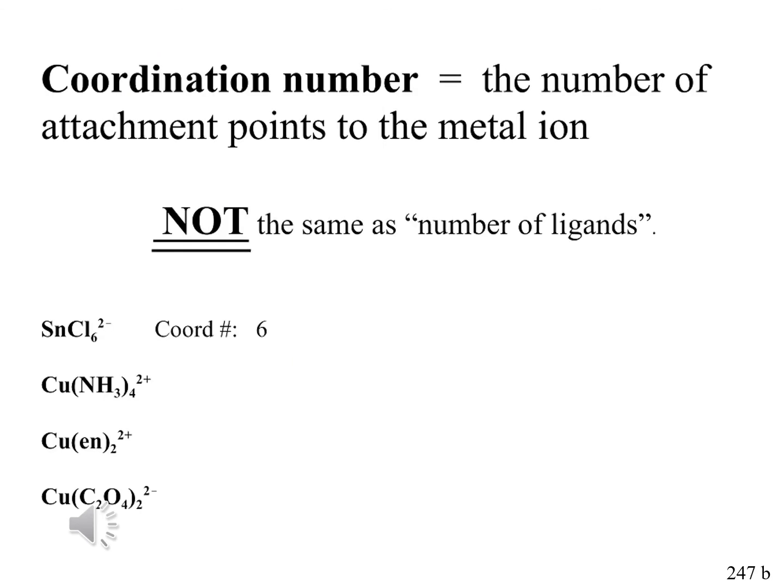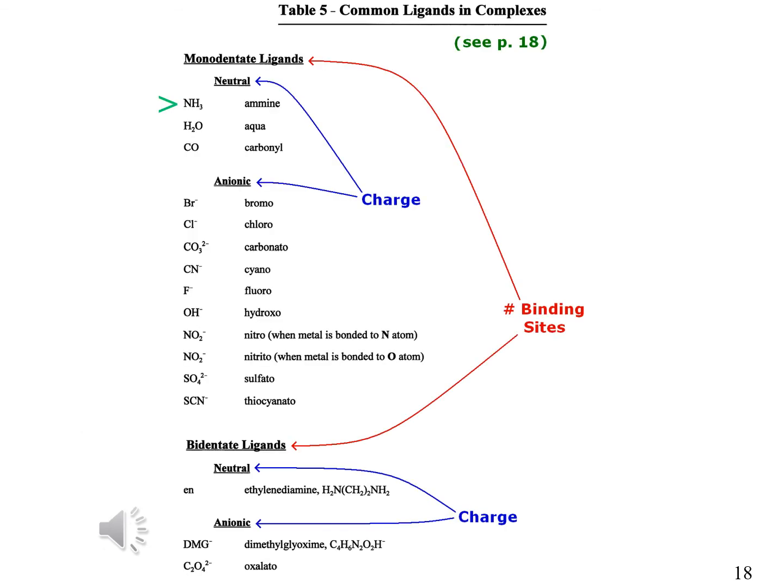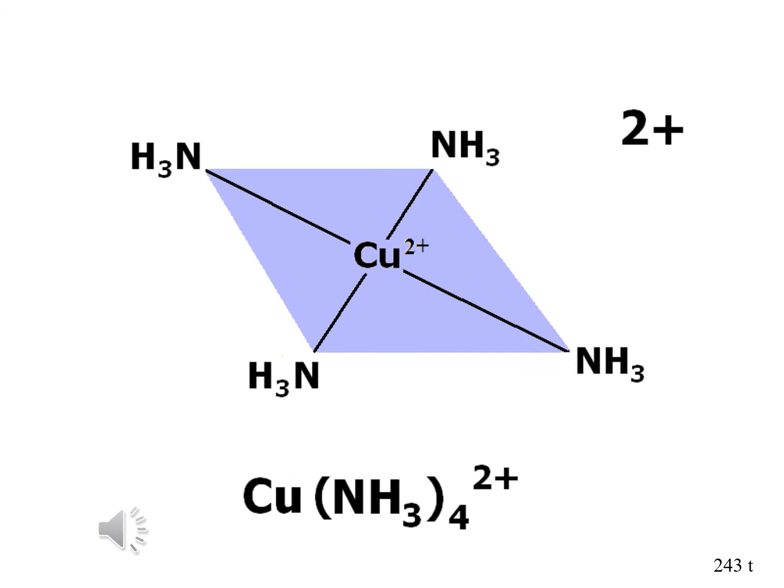The next complex we're going to look at is the copper combined with ammonia. So the first thing you have to do is look up ammonia in the table to find out what the properties are. You can see that ammonia is listed as monodentate and also neutral. We showed the structure of that complex before, and you can see that each one of the ammonias binds at one site.